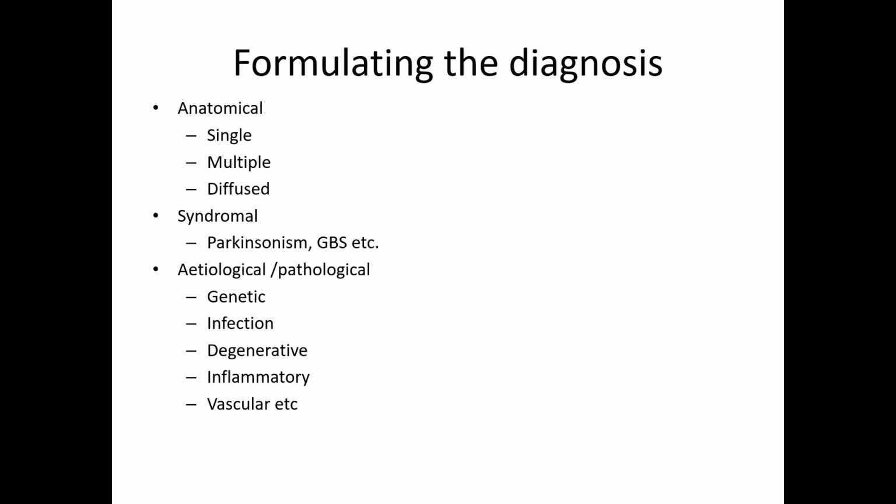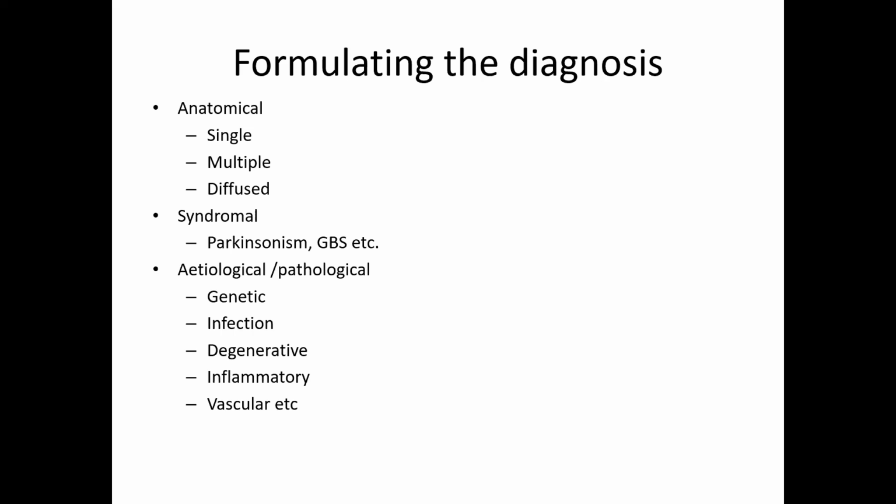And diffuse, like alcoholic: the patient may well have cognitive dysfunction and peripheral neuropathy. So that is diffuse. So when a patient comes with a single, multiple or diffuse problem, you can address it. Or sometimes it's syndromic, like dementia or Parkinsonism.